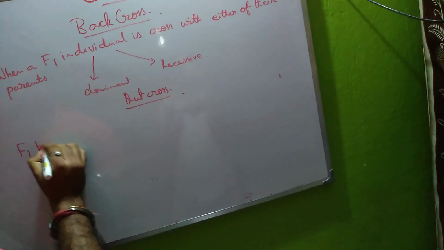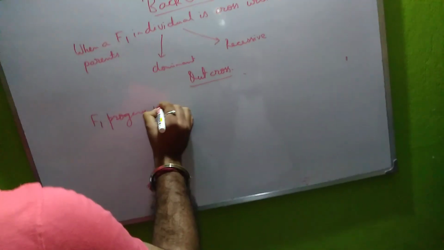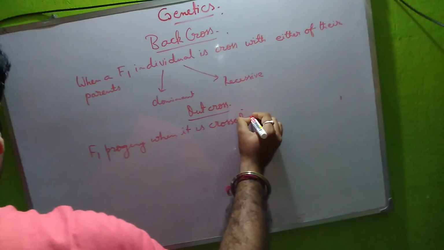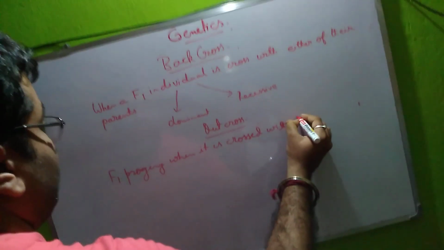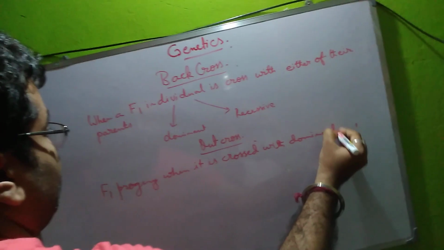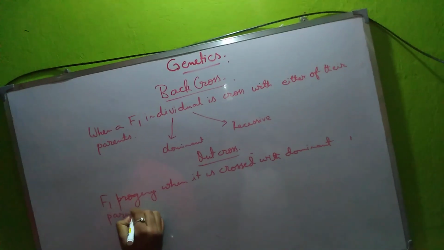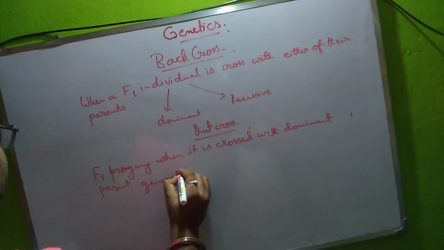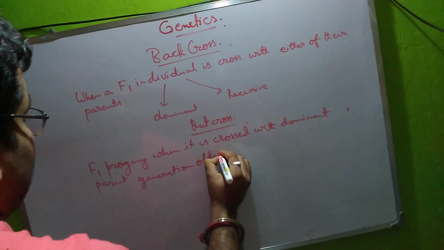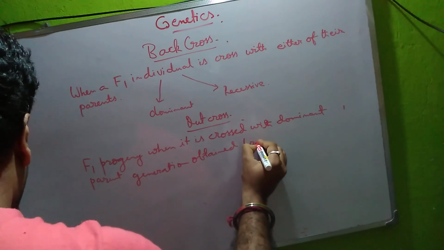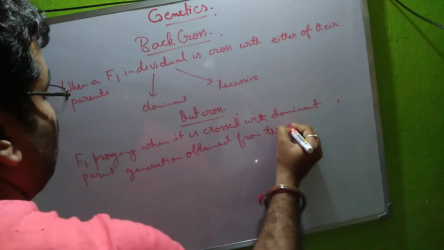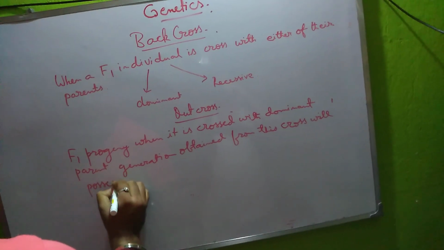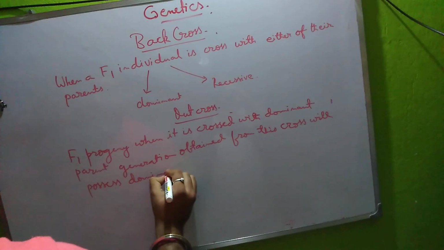When the F1 progeny is crossed with the dominant parent, the generation obtained from this cross will possess the dominant character.